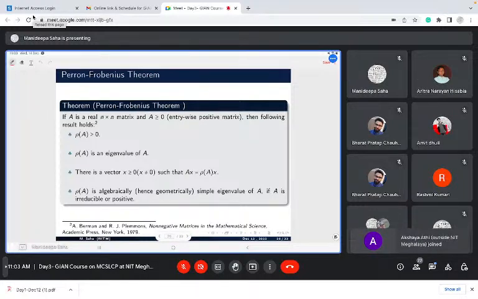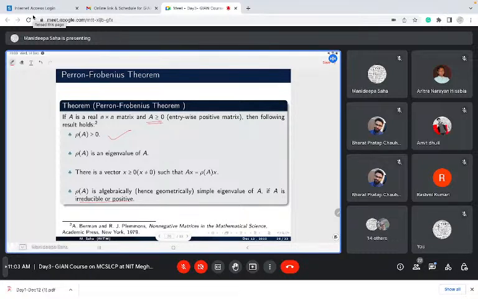And what it says, I guess all of you know. If we have a non-negative square matrix, its spectral radius is an eigenvalue, and we can always find a non-negative eigenvector. And if A is irreducible or positive, then this rho(A) is algebraically simple and therefore geometrically also.